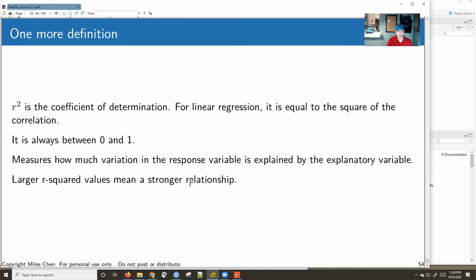We'll just leave it at this loose definition. Again, if you choose to major in statistics, you'll get into a little bit more of the meaning of this, and you'll see the formulas and all of that. And it is a neat relationship. But as far as the intro class goes, we're going to keep it simple and say larger values of R-squared mean a stronger relationship. But it does appear in the literature, and it is something that you should be familiar with.